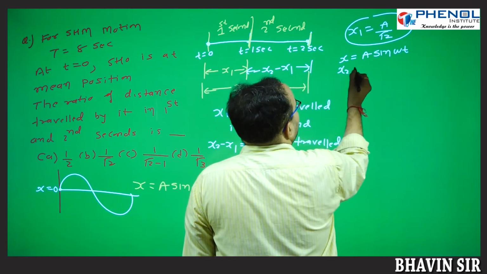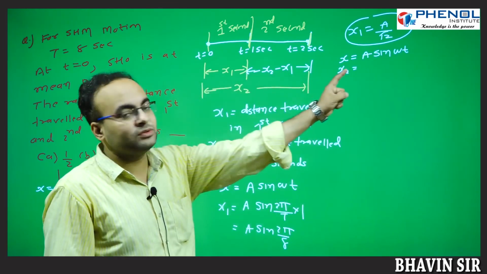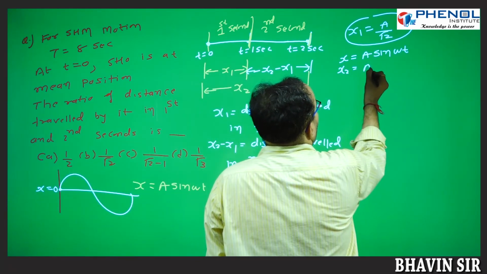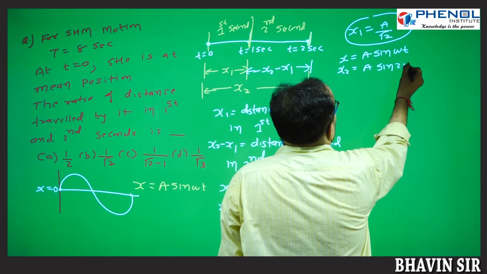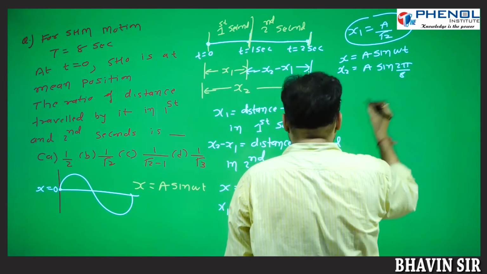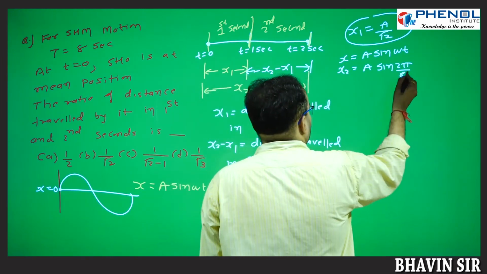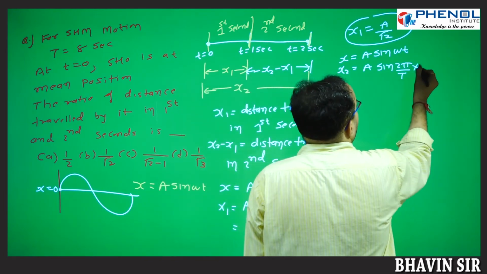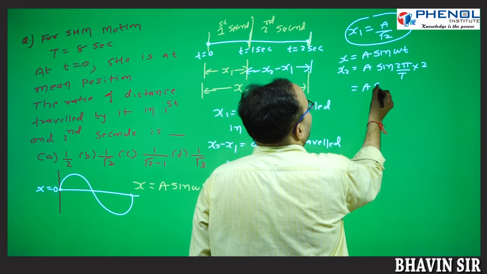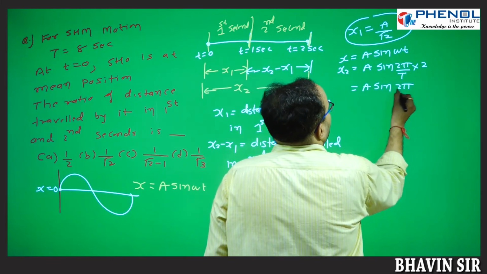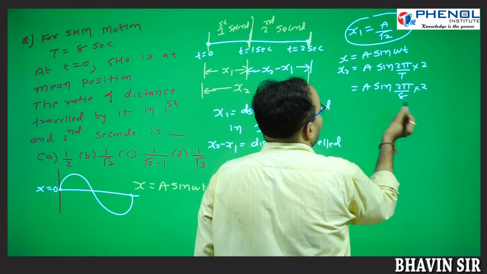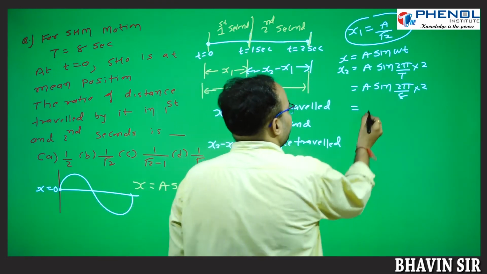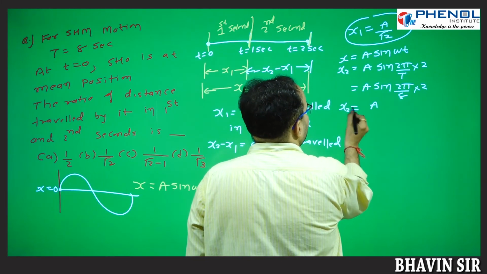x2 means distance traveled during 2 seconds. So omega is 2 pi by T, and time is 2 seconds. So 2 pi into 2 is 4 pi, 4 pi by 8 is pi by 2, and sin pi by 2 is 1.